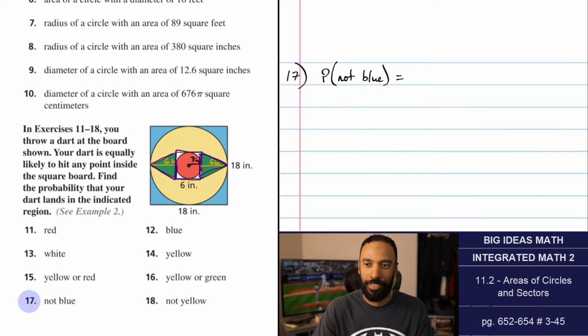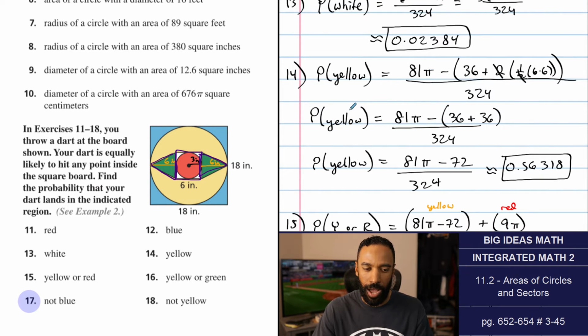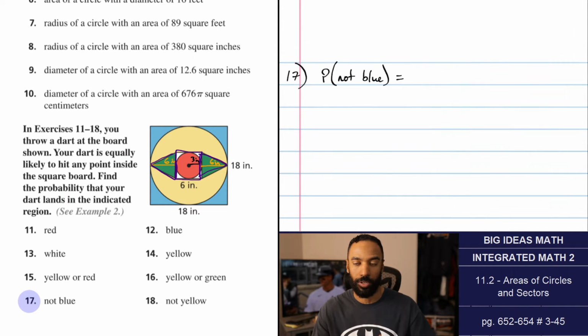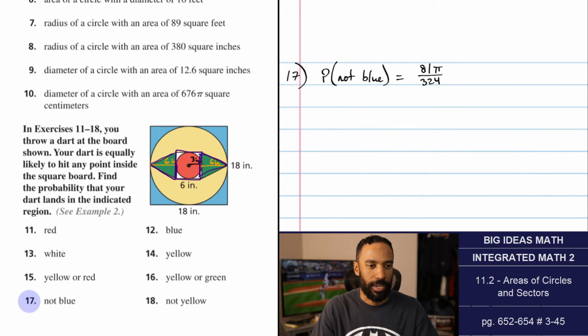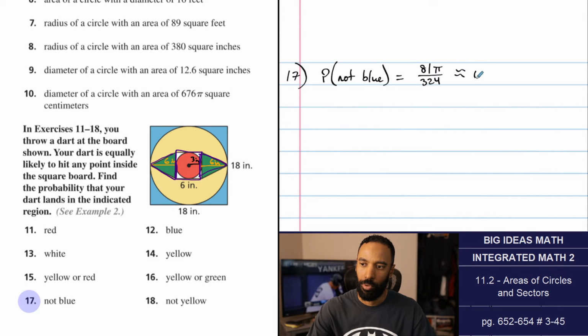Take the yellow region. That's 81 pi and divide by 324. So that would give us 0.785398. So 0.78540.